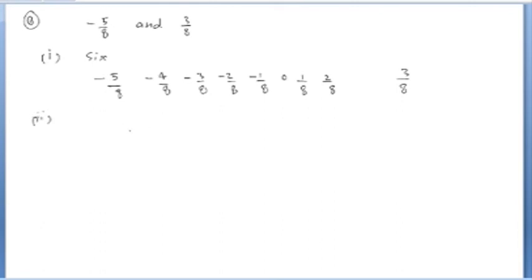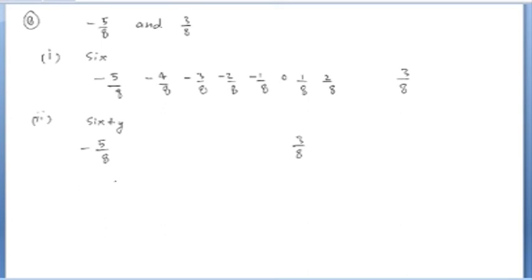And second is saying 60 rational numbers. So for 60 rational numbers, we have to find the equivalent of these numbers, which should have a difference greater than 60. The difference of minus 5 and 3 should be greater than 60.